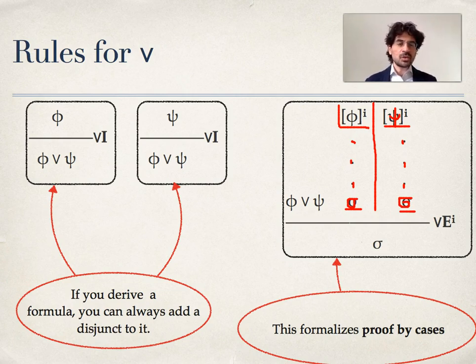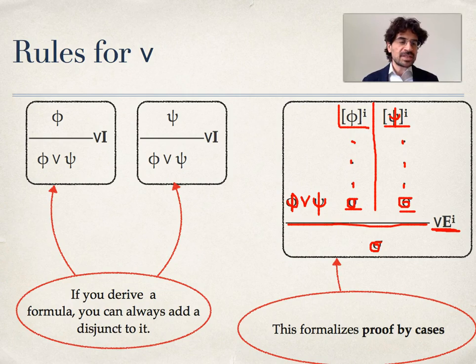Basically, we are in a situation in which, starting from different assumptions, we have arrived at the same conclusion sigma. And so what the rule for disjunction elimination tells us is that we can write in the next line sigma, provided that we have written here phi or psi. So these are our two cases.